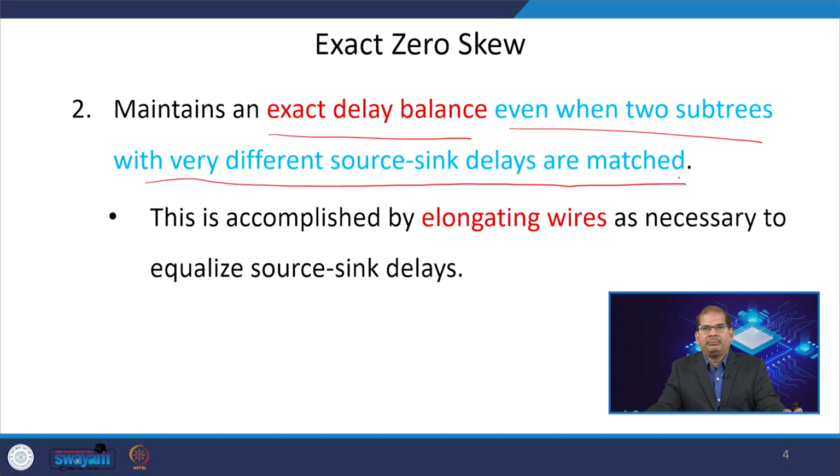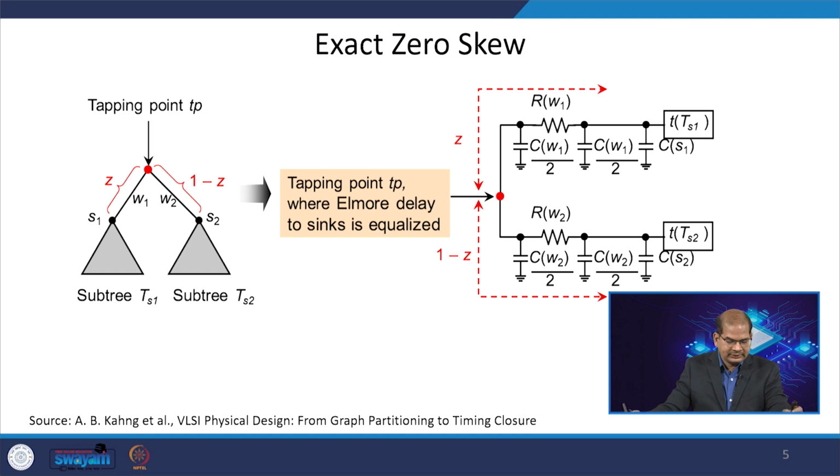So, even if your subtrees have different delays, it will create an exact balance. This is accomplished by elongating the wire; basically, we can have different interconnect lengths in two different branches so as to make the source to sink delays the same. If you can see here, we have two subtrees, TS1 and TS2.